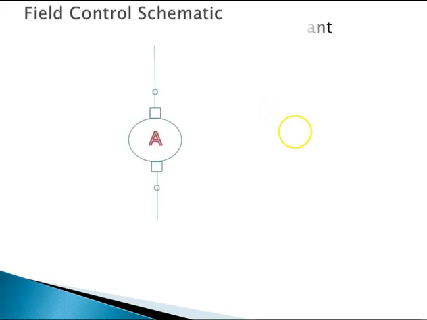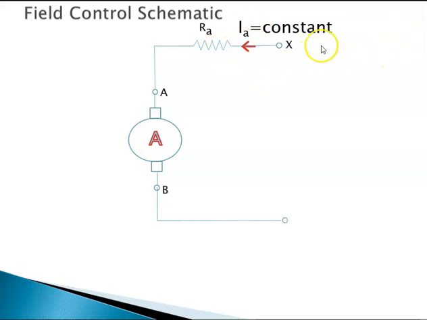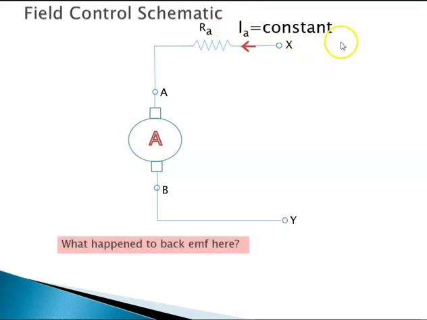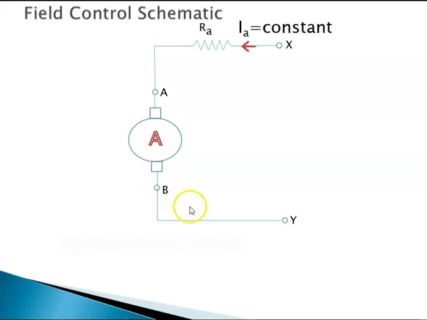This is the armature and armature resistance, and we try to maintain this armature current constant in the case of field control. In the case of armature control, we keep the field current constant, and in the case of field control, we maintain the armature current constant.